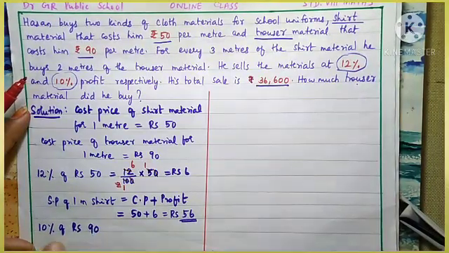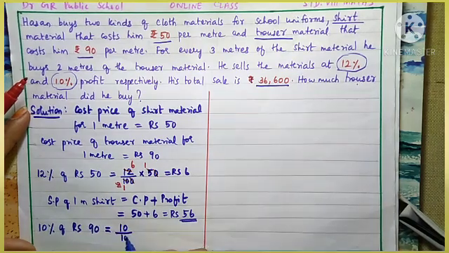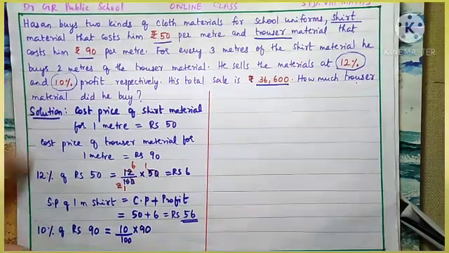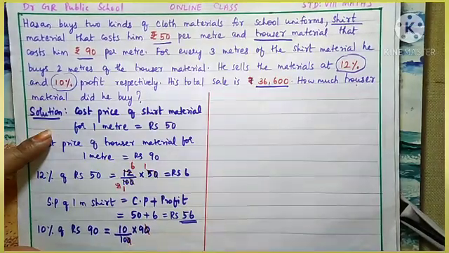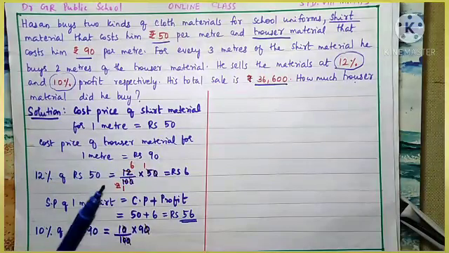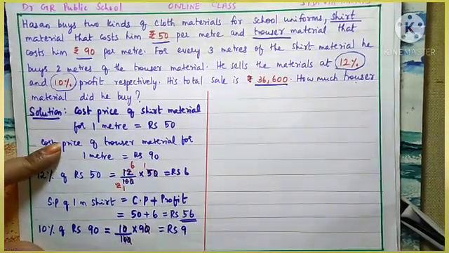So 10% of this cost price of trouser, 10% we can write as 10 by 100 of rupees 90, means into 90. Now here also we can cancel 0, 0 cancelled. Here 1 0, 0 cancelled. So what is the balance term? This is equal to rupees 9.